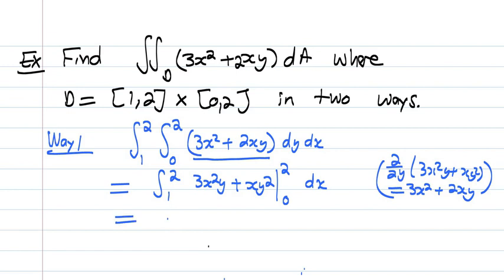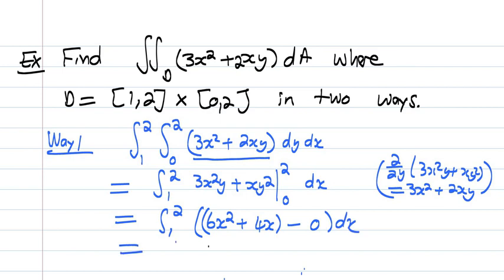And now what you do is you plug in 2. So you replace all the y's with 2. So it becomes 6x squared plus 4x. Then you replace all the y's with 0, it becomes 0 dx.